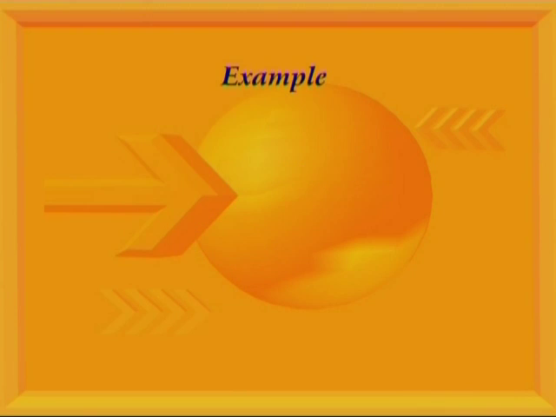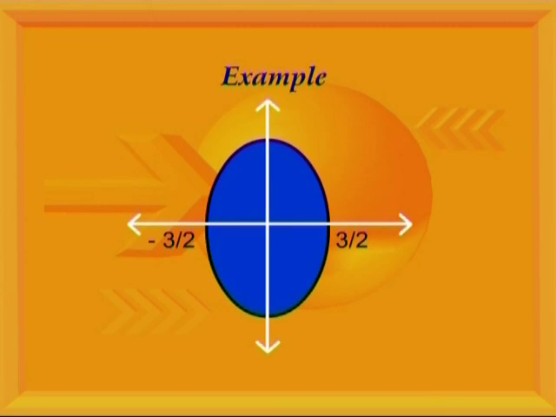So it is the ellipse whose major axis is along the y-axis and the minor axis is along the x-axis. And you can see this ellipse. So our region of integration is the interior of this ellipse, the region bounded by this ellipse.